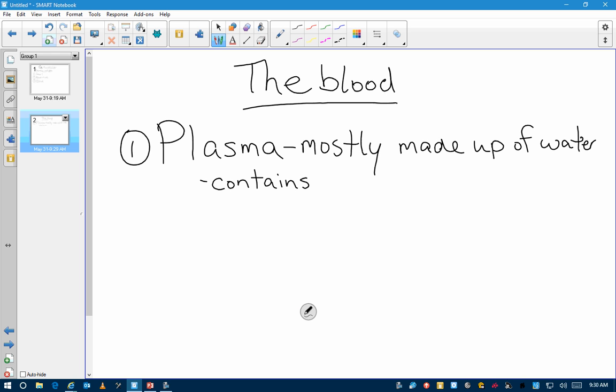So it contains other cells, so your other blood cells.